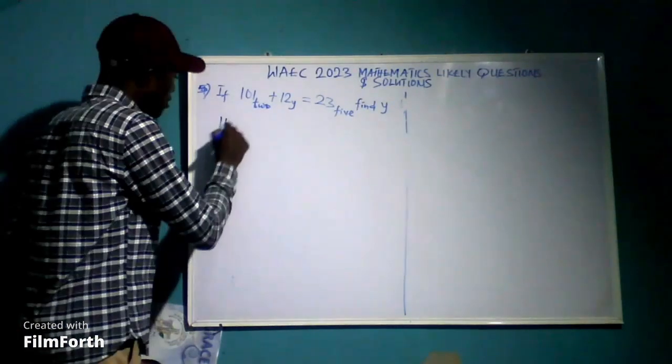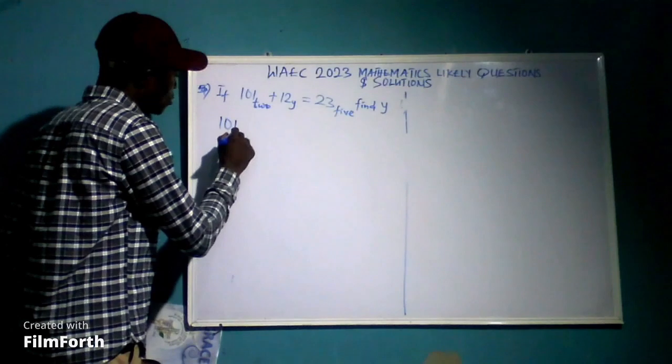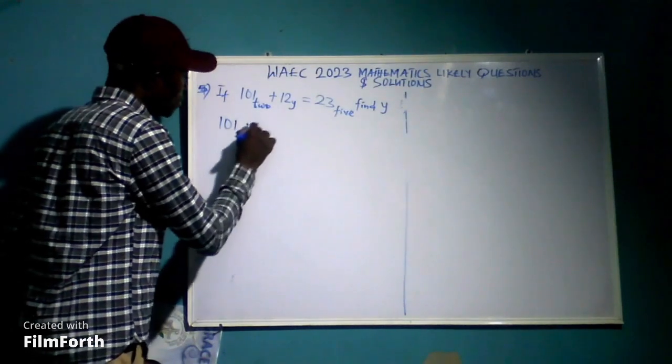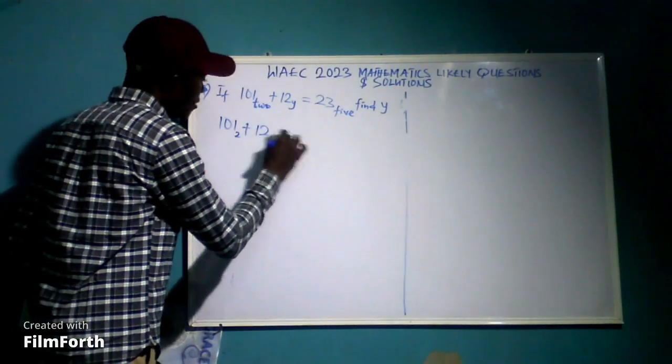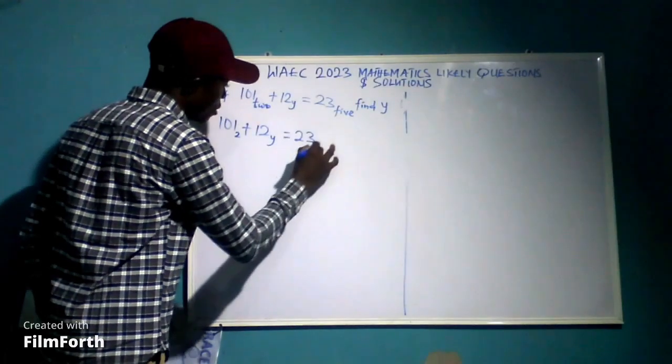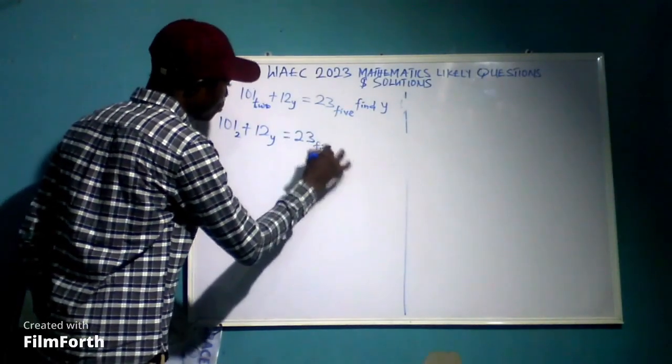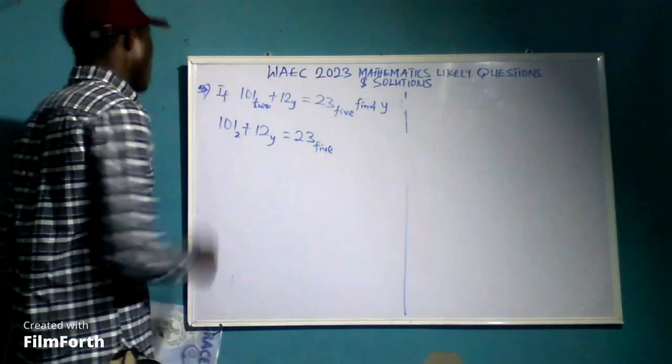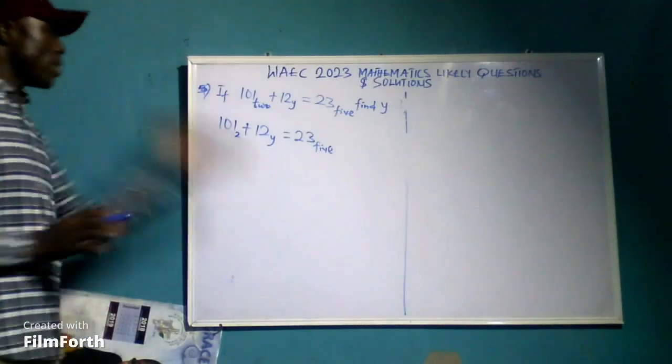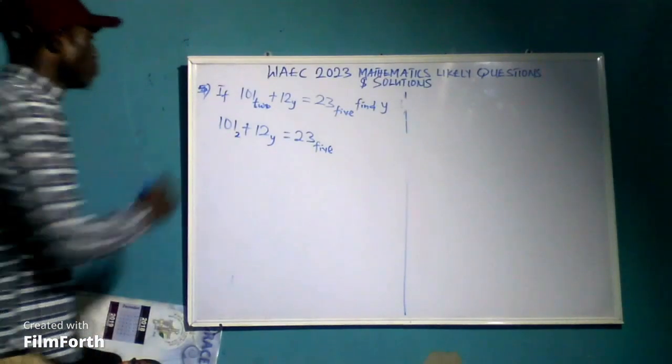Every one of 101 into base 2, plus 12 into base y is equal to 23 into base 5. And to convert these numbers into base 10, we're starting with this.